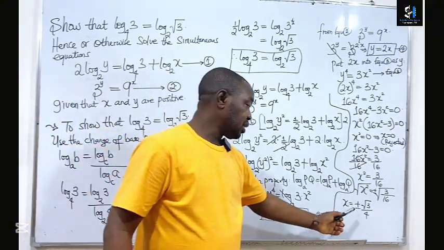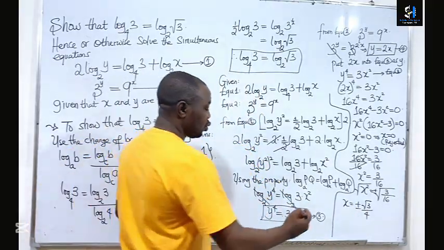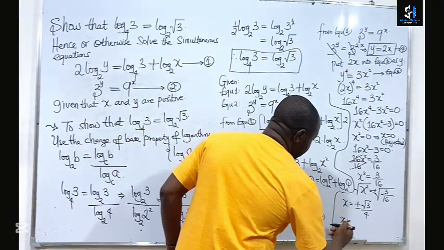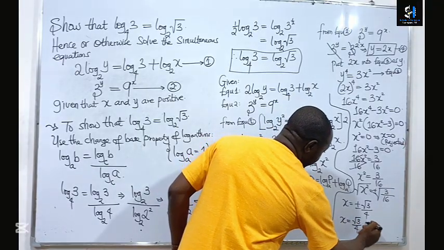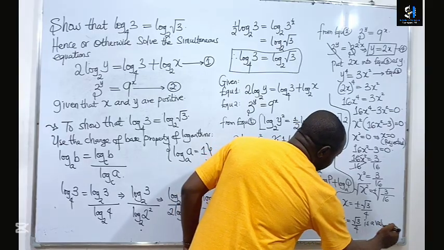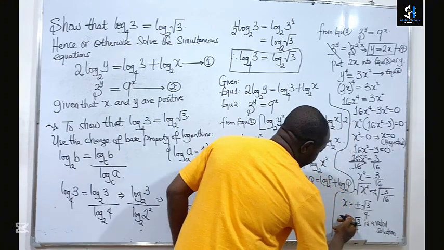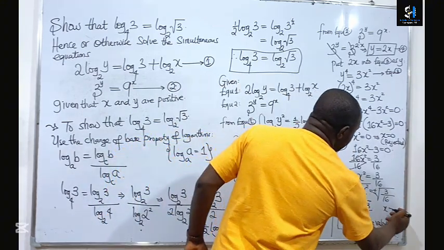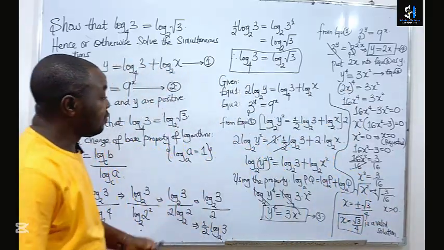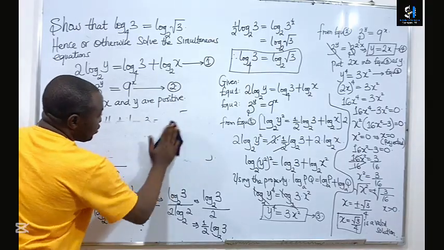So it means that negative radical 3 over 4 is not a solution as well. So x equals radical 3 over 4 is a valid solution, because x is greater than 0. Even y must be greater than 0, as far as this question is concerned.